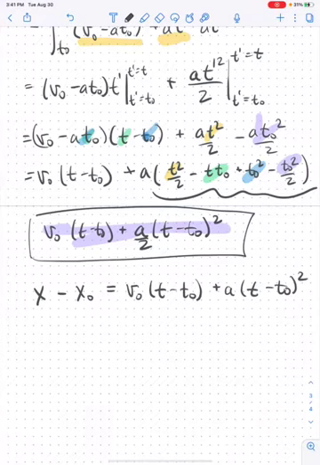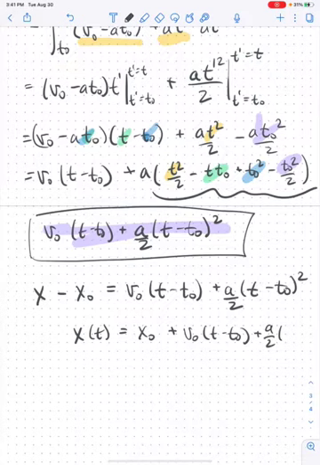Oh, this should have been a 1/2 too. There. All right. And then we're going to rearrange to write this in terms of x. So x of t is x naught plus v naught times t minus t naught plus a over 2 times t minus t naught squared. So really, these are our two kinematic equations.